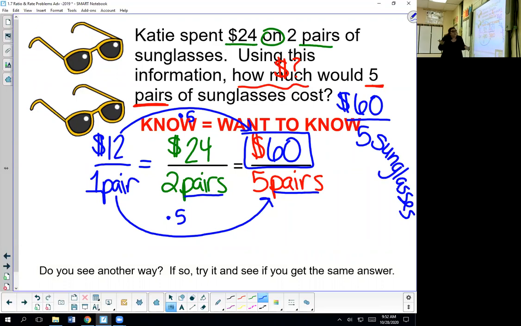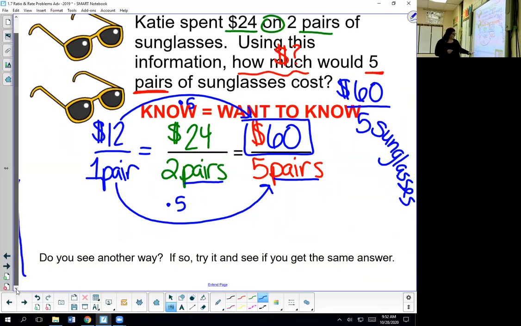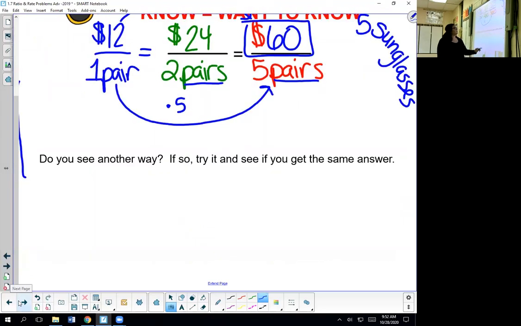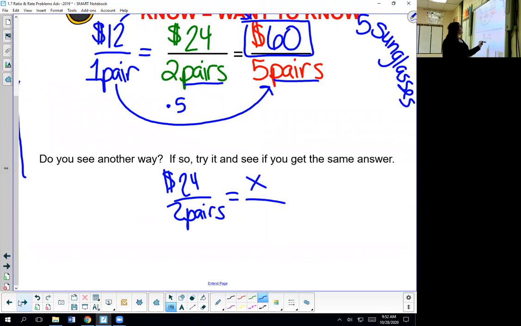Now, some of you might not have done that. So another way is the way that I showed you, solving a proportion. So I could also do 24 over 2 pairs equals something, and I'm going to put an X, so we're practicing, figure out what X is, for 5 pairs.